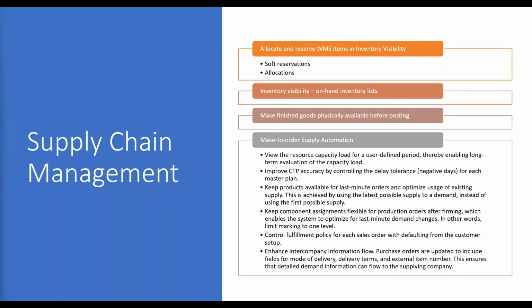That way we know where the production orders are for firming, and the fulfillment policies related to it based upon the customer setup inside of there.